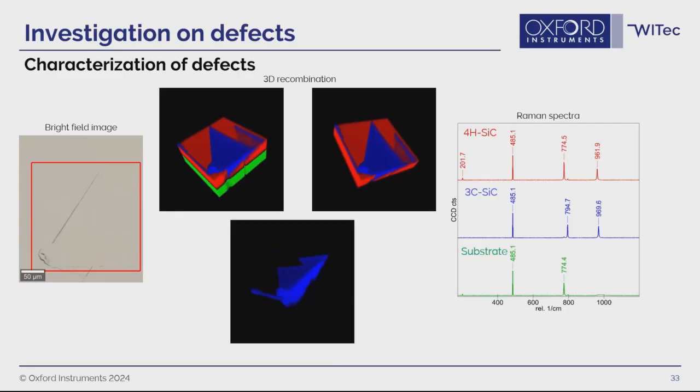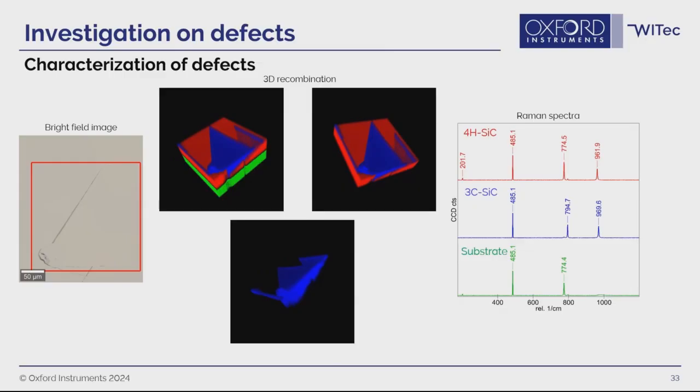To gain understanding of the previously shown images, a 3D data reconstruction was carried out. The first animation shows all three components, so the 4H silicon carbide, 3C silicon carbide, and the substrate.